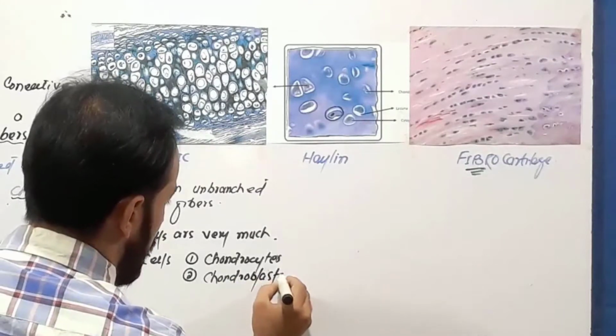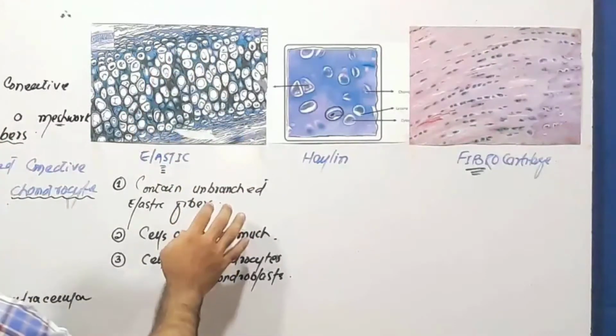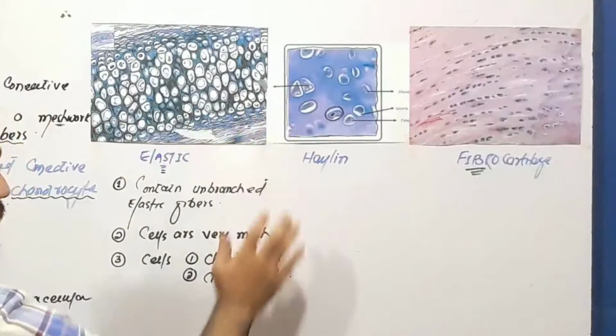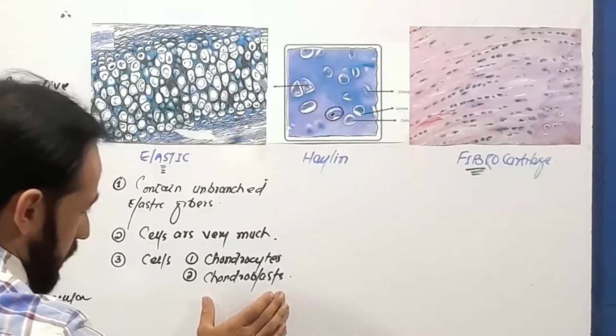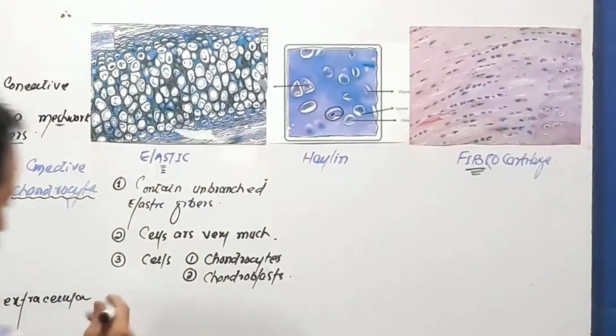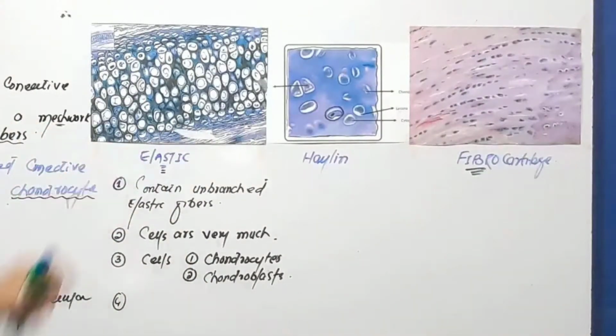So look carefully here, because fibers are not too much, the collagen fibers are very less here, that's why we don't need fibroblast cells. So chondroblast cells and chondrocyte cells are present in this type of cartilage, elastic cartilage.